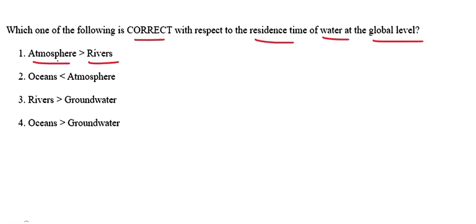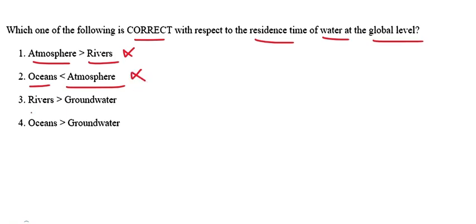No. Because atmospheric water is due to evaporation, and if evaporation took place and then rain occurs, the residence time is less compared to river water, so this option is wrong. And the second option, atmospheric water residence time is greater than the ocean, again this option is wrong.